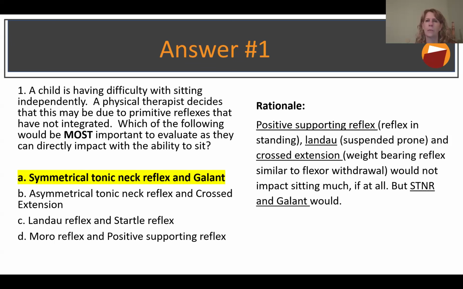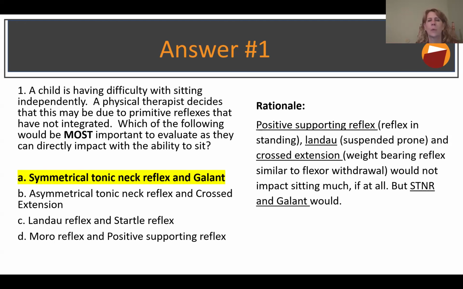The Landau reflex, we didn't really talk about that, but that's when you suspend them in prone and their head and their legs come up. So not so much. Startle reflex, yes, that will interfere with sitting. But again, we have to have both things to be able to do it. The Moro reflex will absolutely interfere with sitting balance, but not the positive supporting reflex. Remember, that's the standing reflex, so that would not.